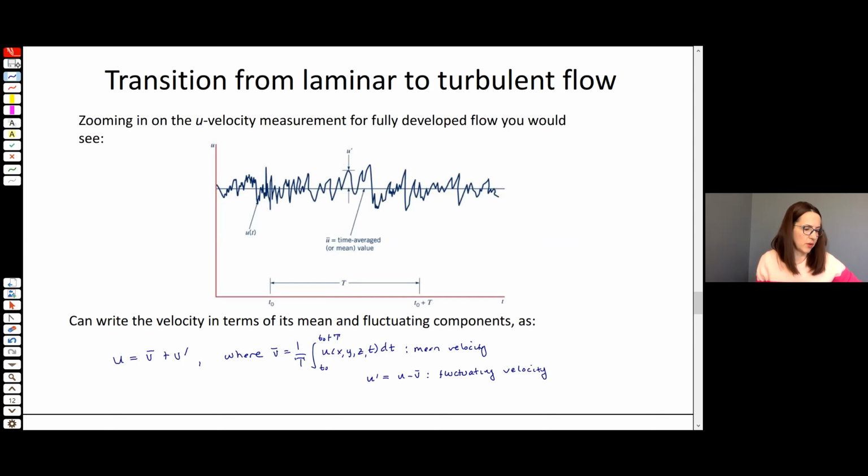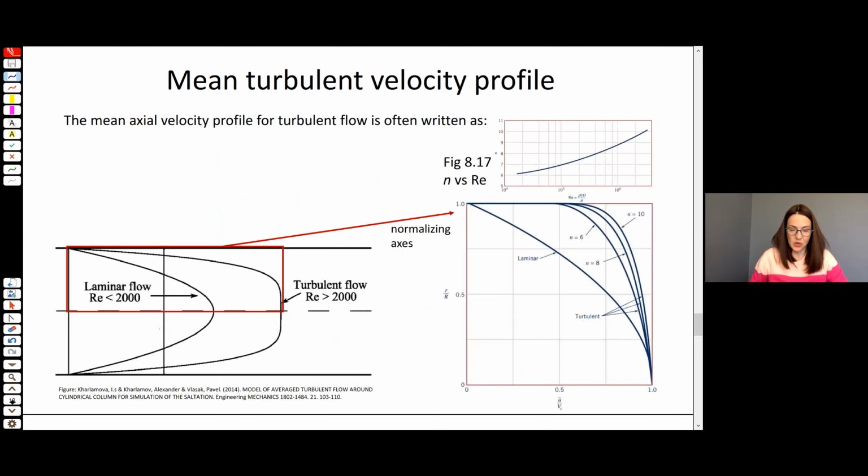So when you start getting into computational fluid dynamics, if you're dealing with turbulent flow, one of the least computationally expensive ways to compute a turbulent flow is to just calculate the mean turbulent flow and ignore the fluctuating components. It's not as accurate as if you include them, but it's a very common thing to do, and it's called Reynolds average Navier-Stokes calculations.